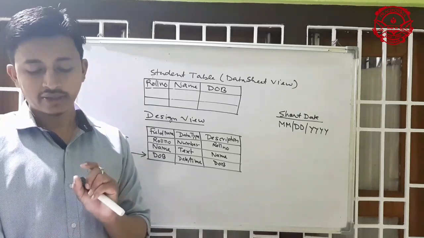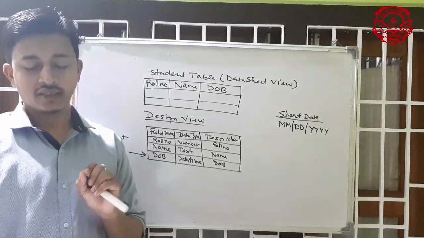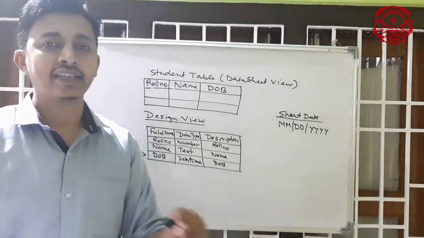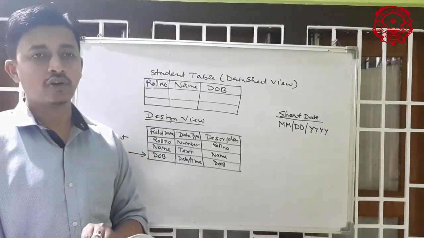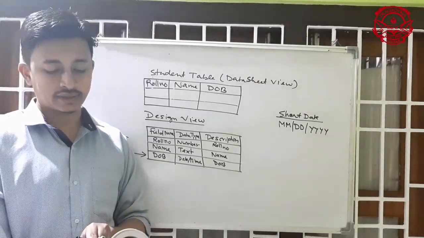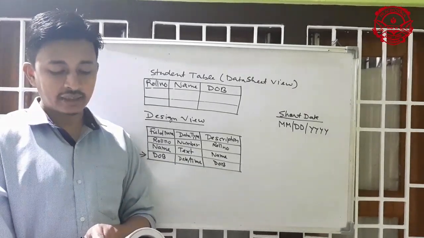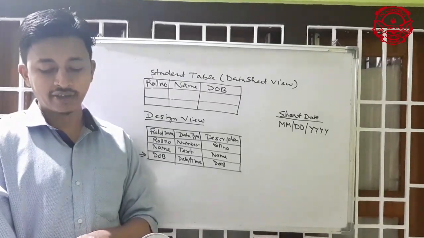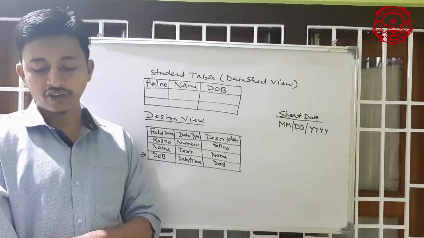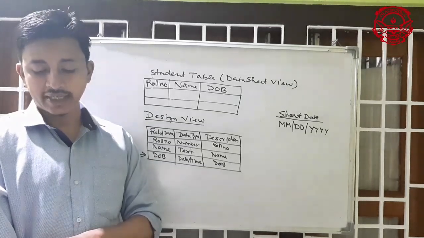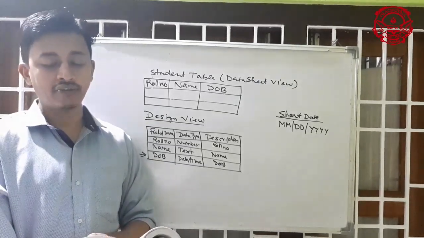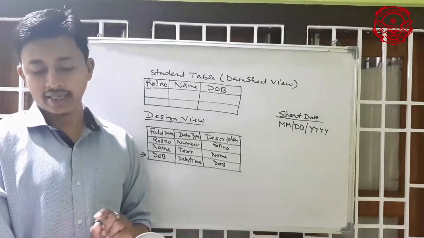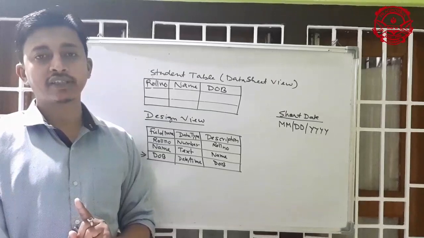This is a pattern you can apply in the input mask. Number 2, it can fill in constant characters like hyphen and slash, and optionally store these characters as a part of the field value, so that the user does not have to enter them explicitly.